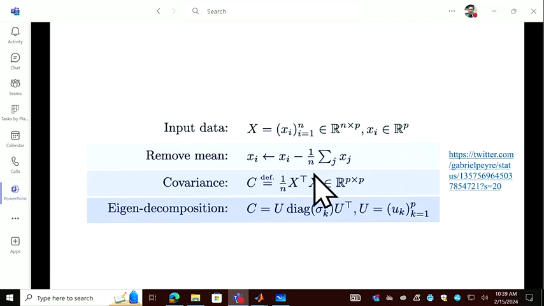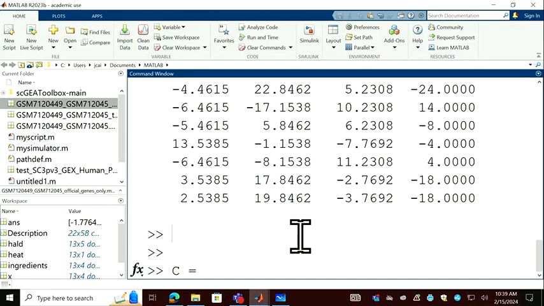To compute this, you just transpose the centralized data. Remember to use small x. Transpose it, multiply by the second one, then divide by 13.